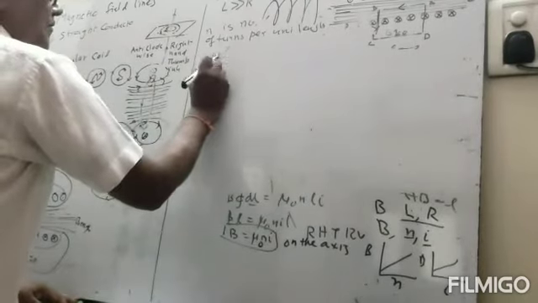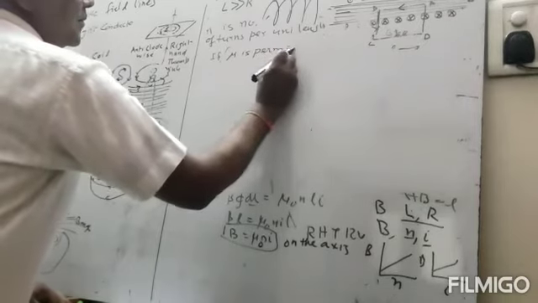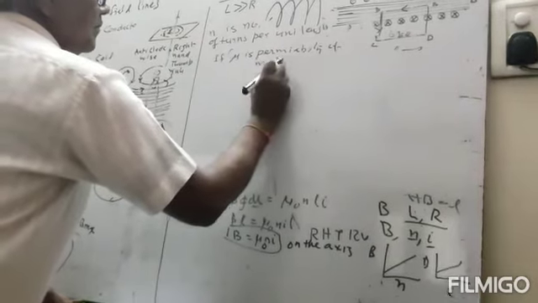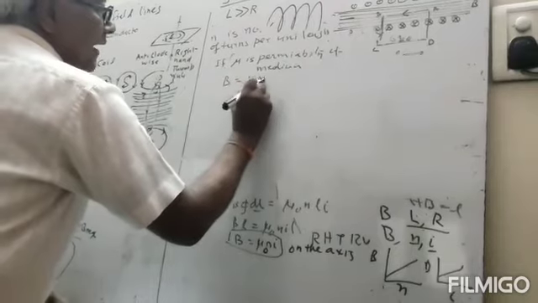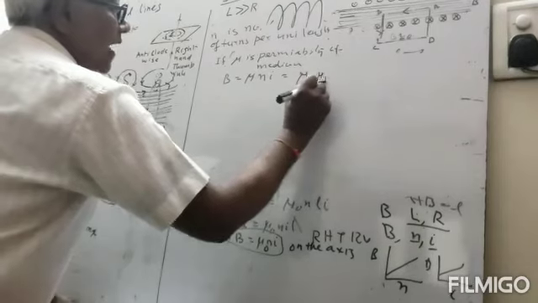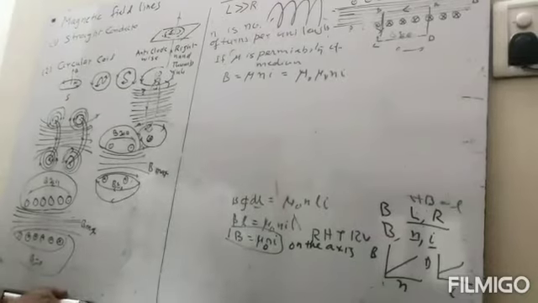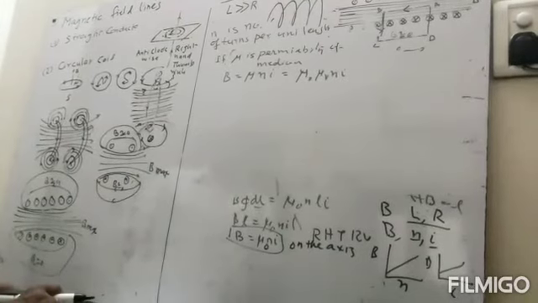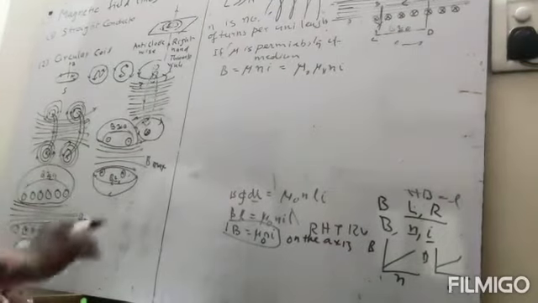If mu is the permeability of the medium, then B will be equal to mu times n times I, or this is equal to mu 0 into mu R into n into I. This will be the magnetic field when the permeability is mu, meaning the medium is not air but a particular medium.